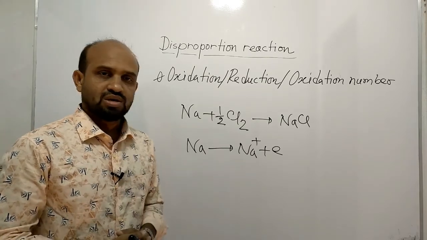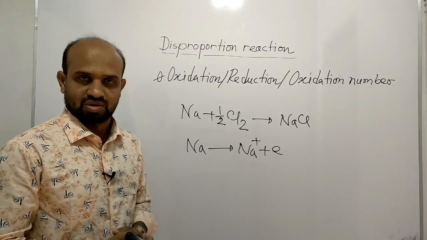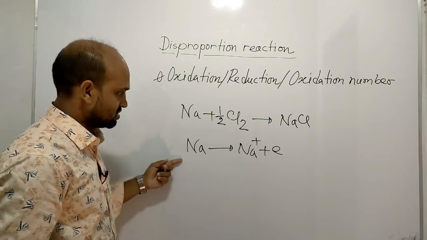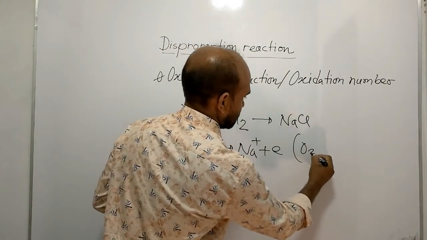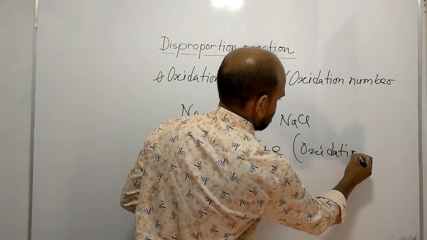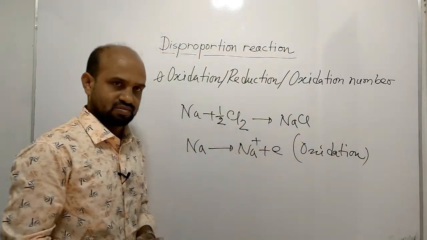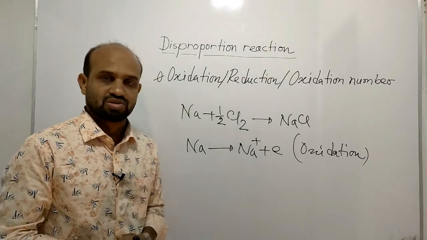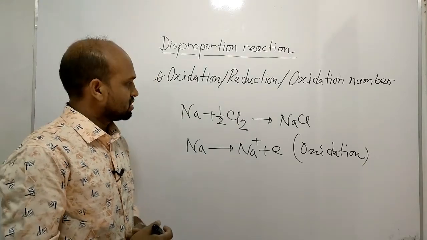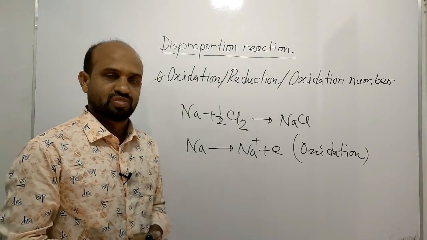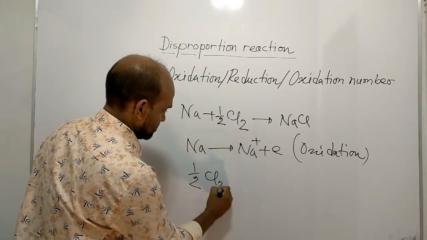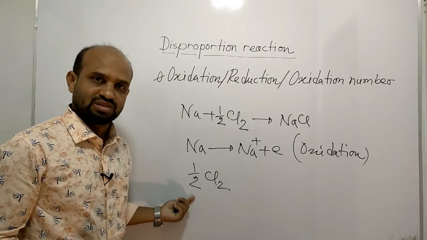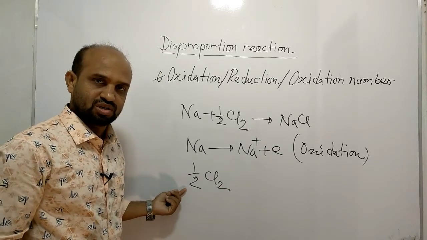Here loss of electron happens. This loss of electron is called oxidation. This electron is accepted by chlorine. For the sake of balance, this half is put here.